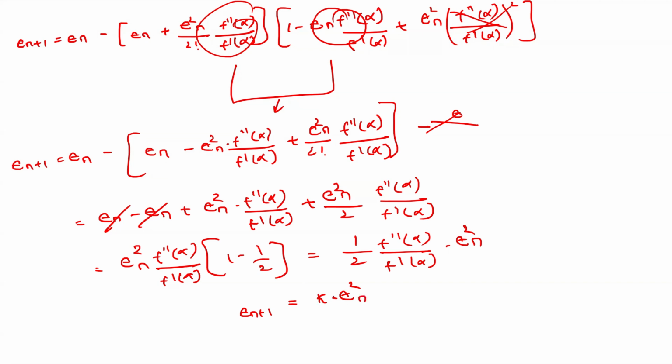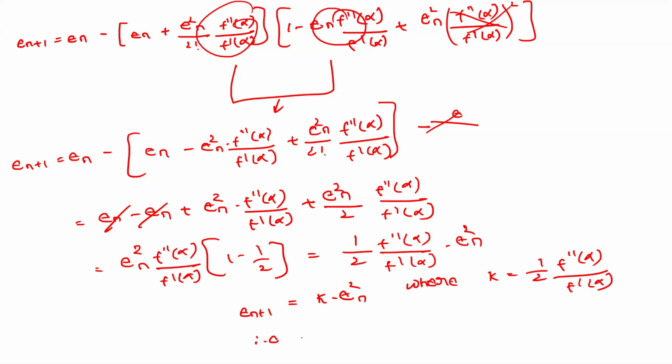So en plus 1 is equal to k into e square n, where k is equal to 1 by 2 into f double dash of alpha by f dash of alpha.